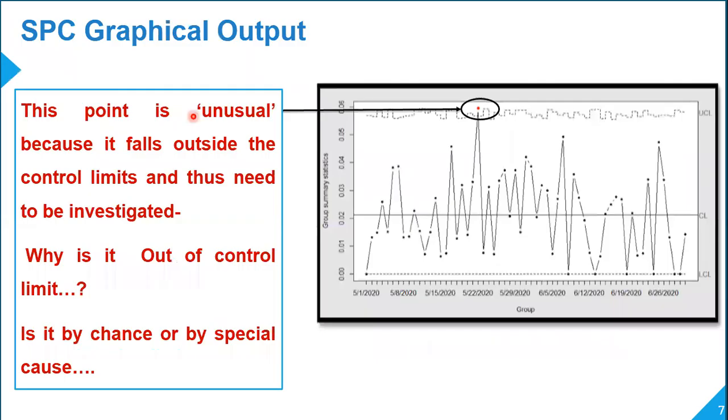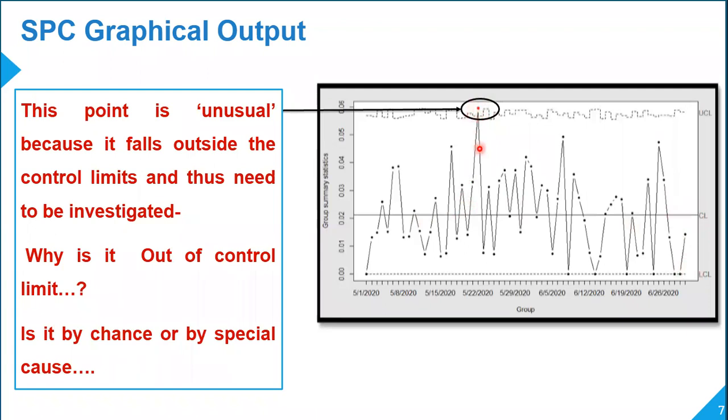Right here, we can see the SPC graphical output. As we have already seen, a typical SPC or control chart looks just like an ECG, isn't it? We have the upper control limit, we have the lower control limit, and we have a central line over here. And importantly, we can see one data point, which is in a line for that matter, which goes beyond the upper control limit, and that is indicated with a different color.